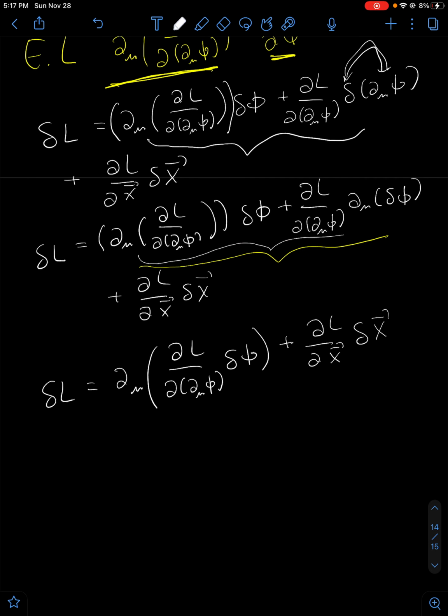That's what it says. So using chain rule, it actually simplified this equation by a ton, right?